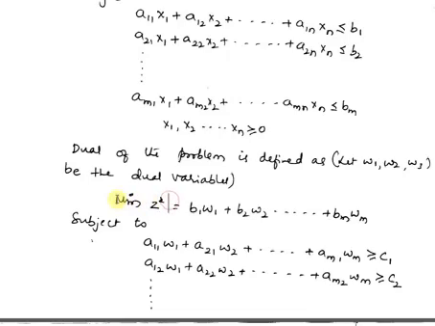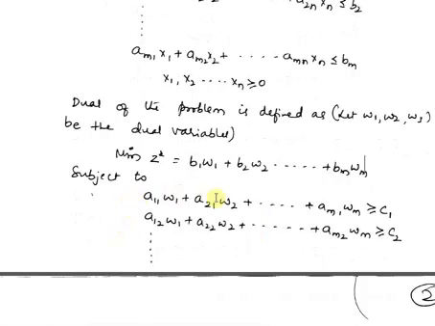Here the objective function is a minimization function, minimization z star equal to b1 w1 plus b2 w2 and so on till bm wm, subject to some constraints given here.